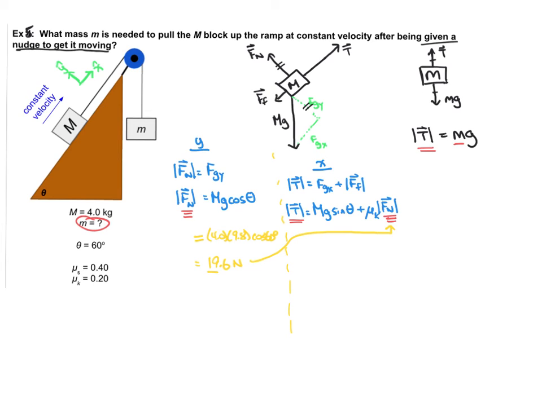So tension equals 4 times 9.8 times sine of 60 plus mu k 0.20, and now my normal value 19.6.